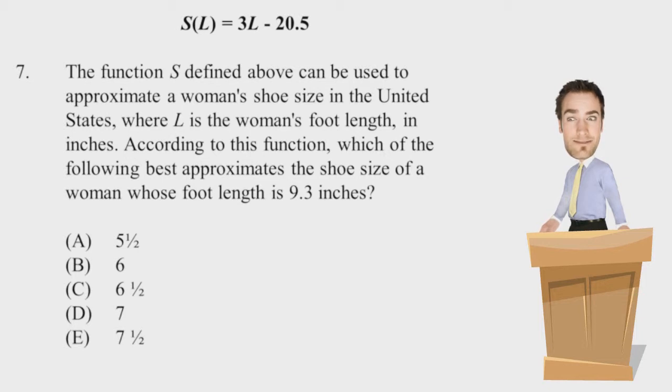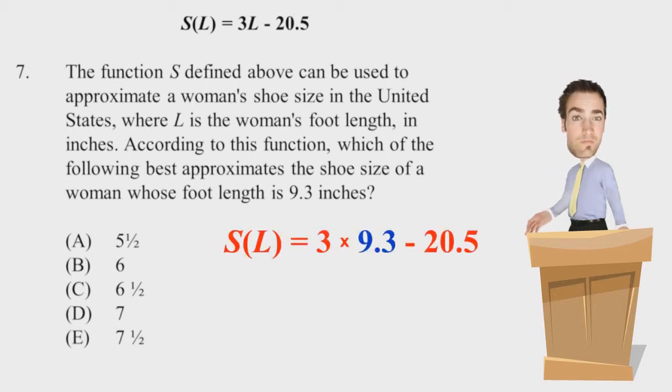So if we take their function, S of L equals 3 times L minus 20.5, all we really have to do is substitute the L with the 9.3. It's very, very simple. Just substitute what they told you, L, the length, with 9.3.